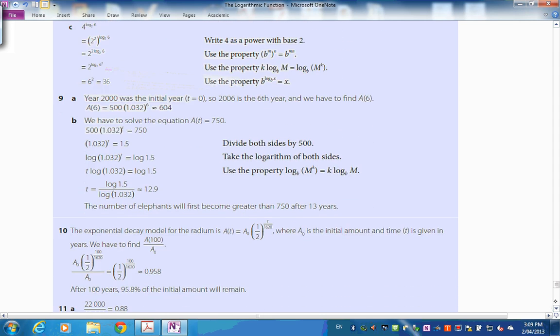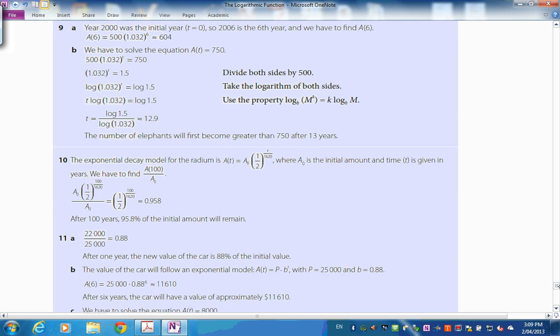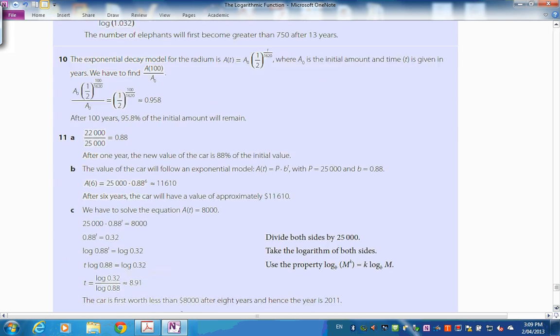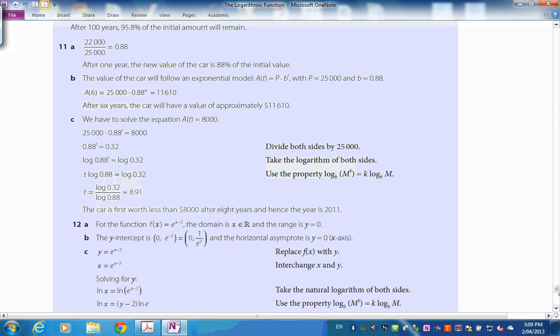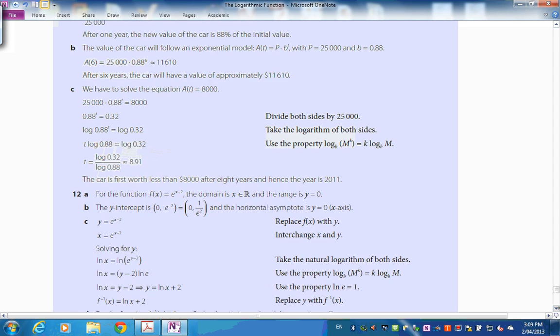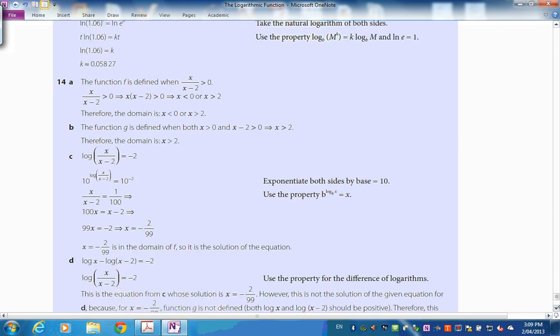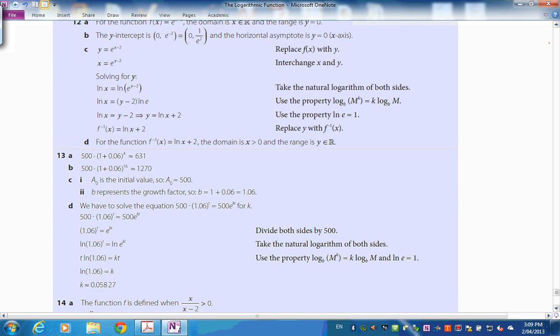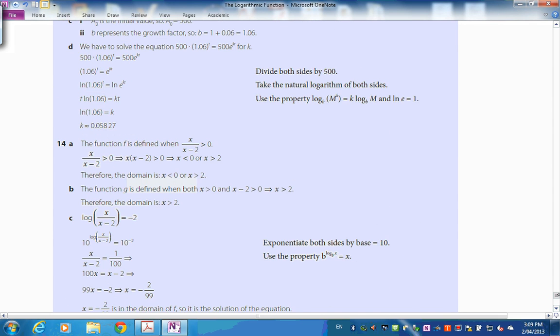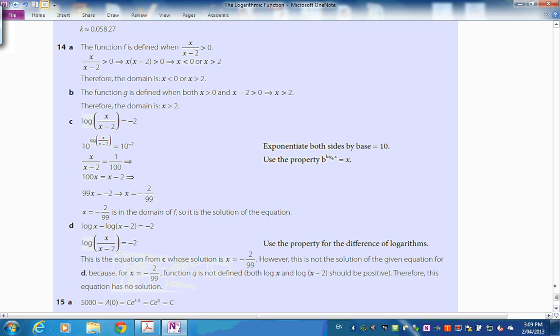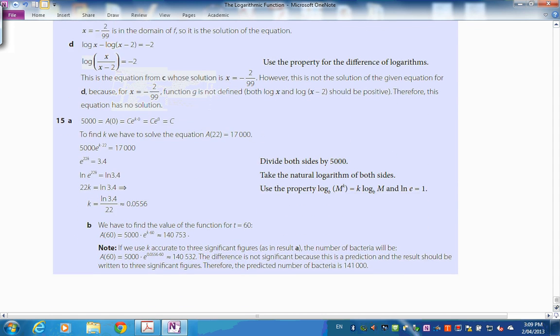I'm down to 9 now. 9 and 10 I think we can fit on there. 11. 12, 13. Let's go up a bit there. Just come down here. 14. And then down to 15.